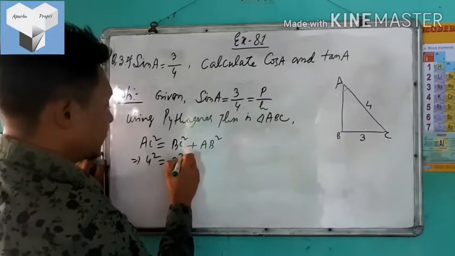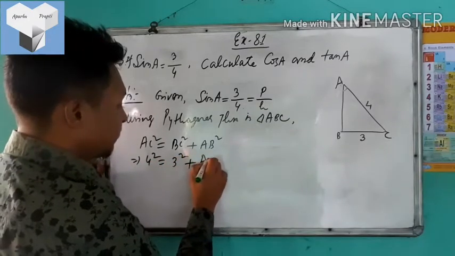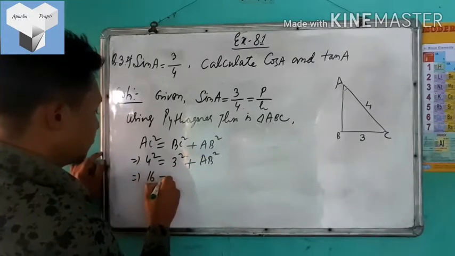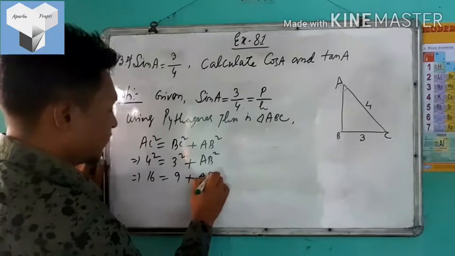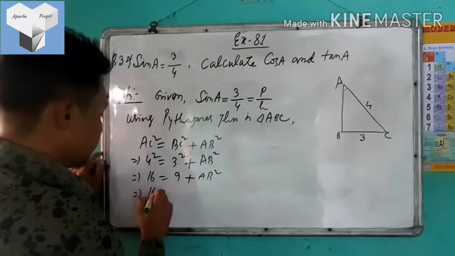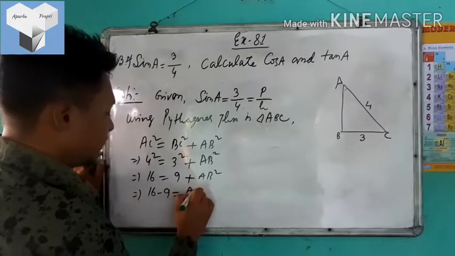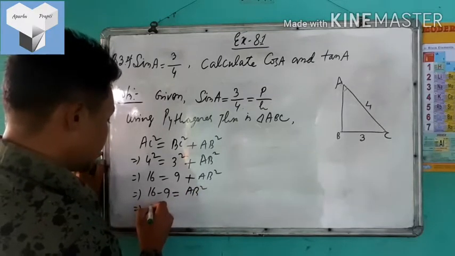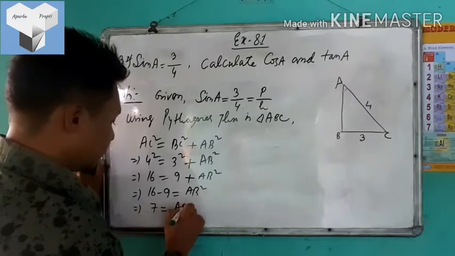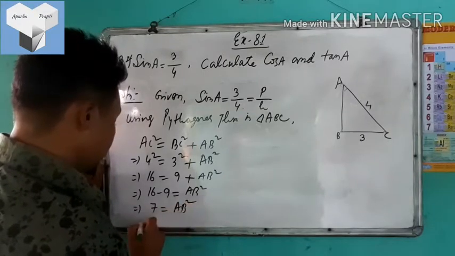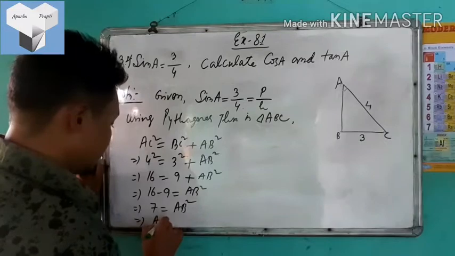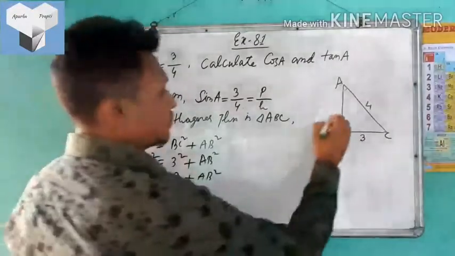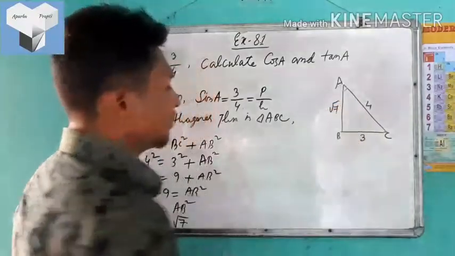BC is given as 3. AB is not given, so this will be AB square. 4 square, 16, is equal to 9 plus AB square. So 16 minus 9 is equal to AB square, that is 7. So AB will be root over 7 unit, we have found the value of AB.